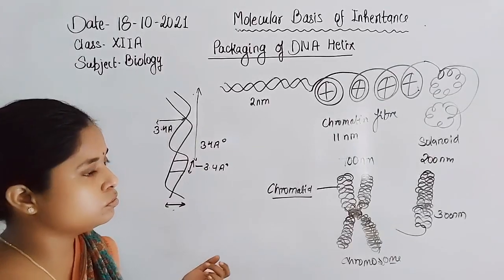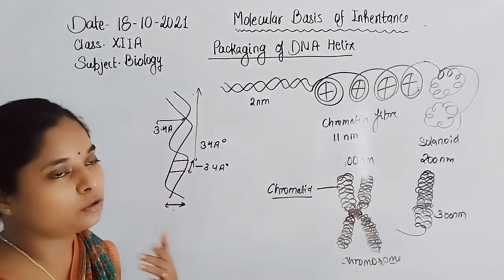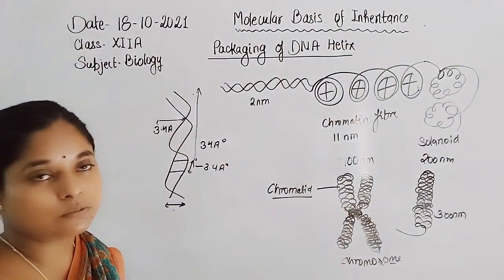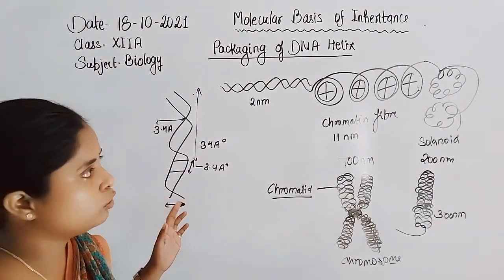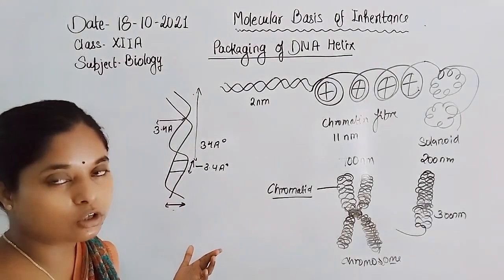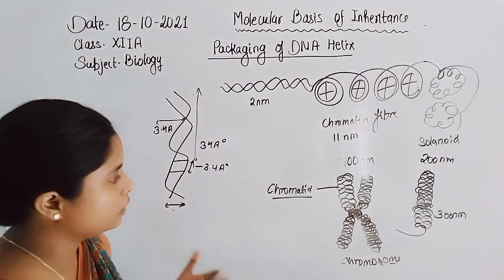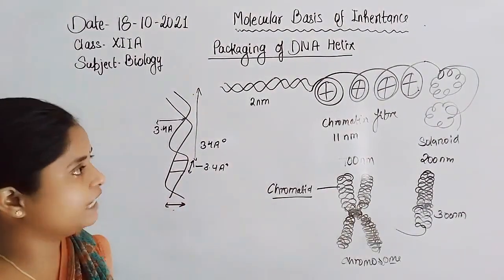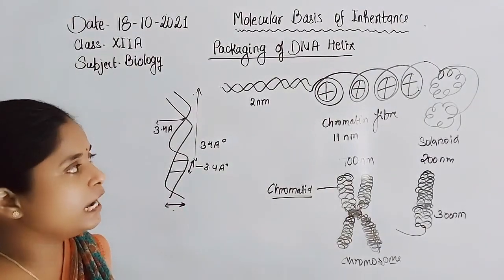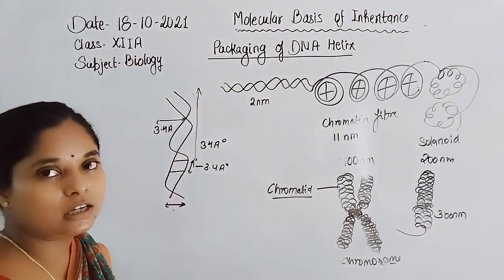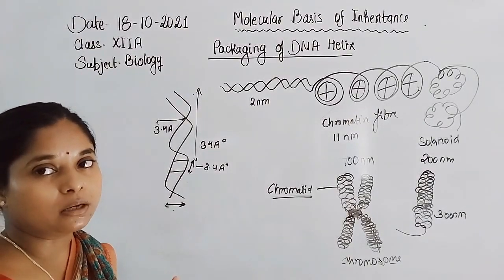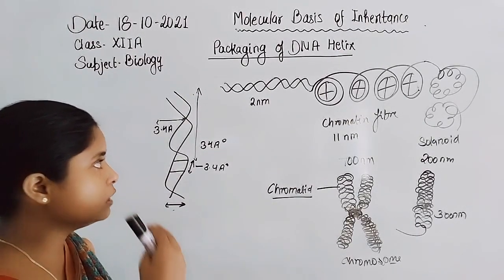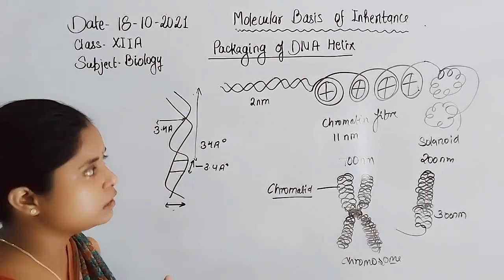Whenever we need to express our gene or protein formation takes place, the uncoiling or unbinding of a small portion of DNA is carried out by the enzyme HAT or HDAC. Simply, HDAC opens the DNA strand or HAT coils the DNA around the histone protein.